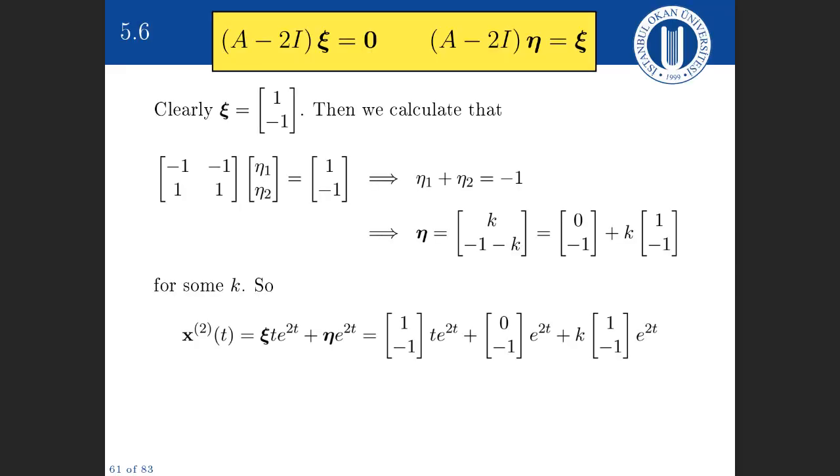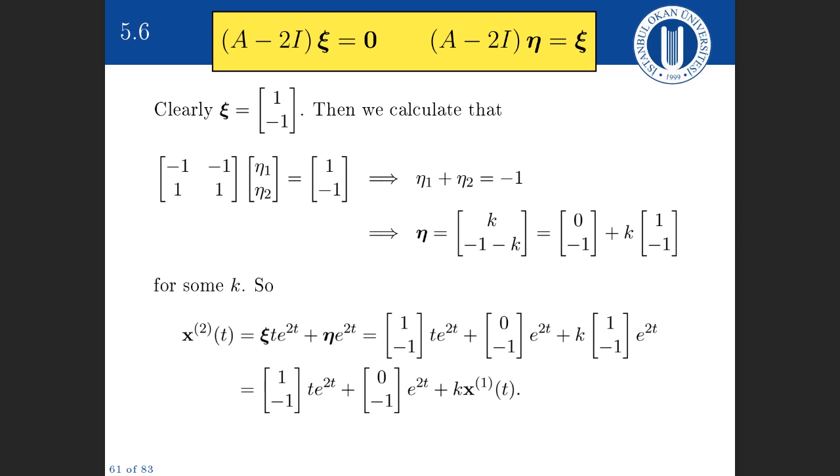And then after we know that, we can put that into our formula, and we can find that our second solution would be (1, -1) t e to the power 2t, plus (0, -1) e to the power 2t, plus k (1, -1) e to the power 2t. But the last term here is just a number, k, multiplied by the first solution.